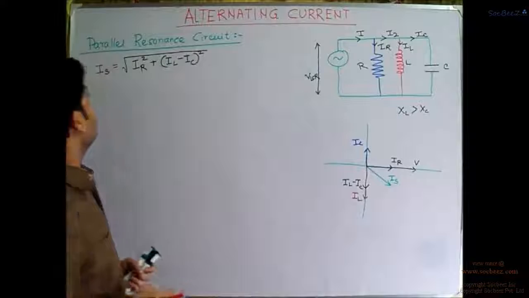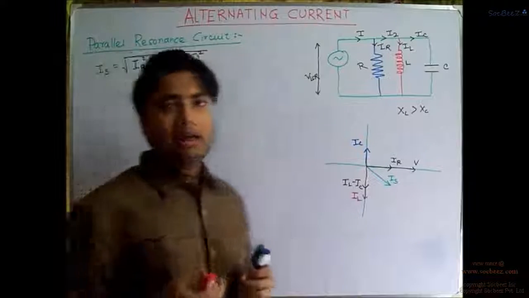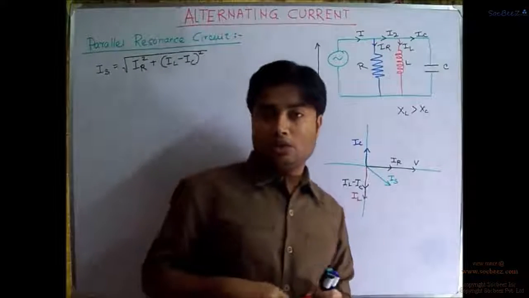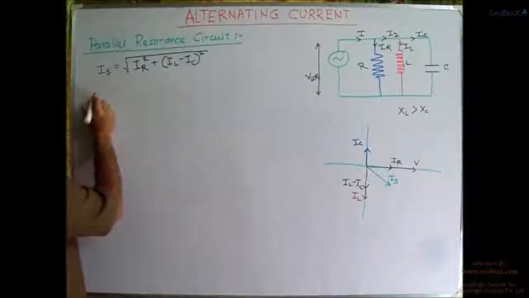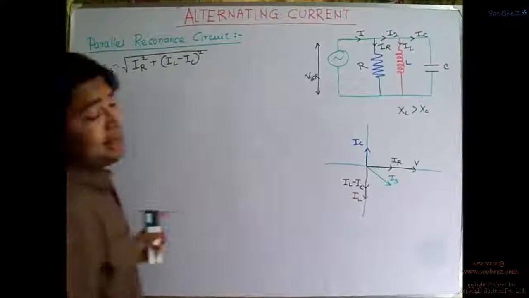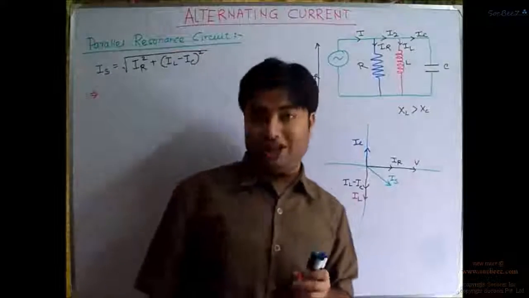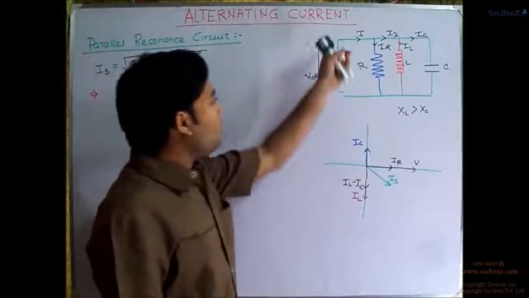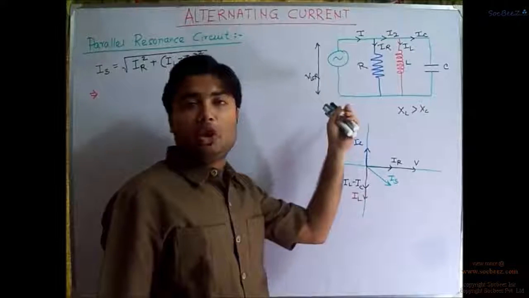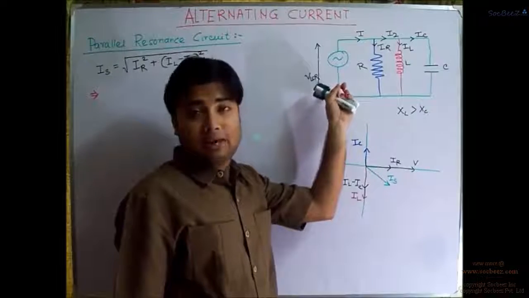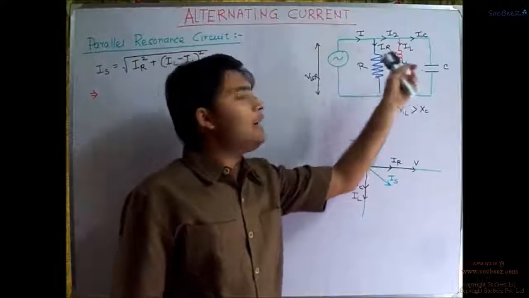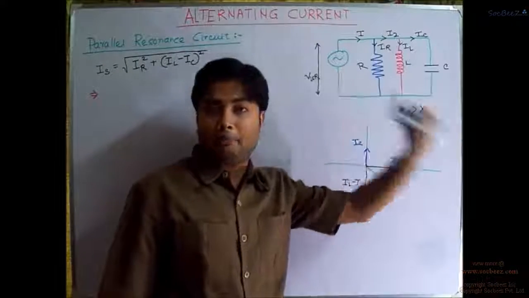Now over here, if we take the concept of impedances, we could say that this IS could be stated as the voltage, the potential drop V, and this V will be the same for this R, L and C, since all are connected in parallel.